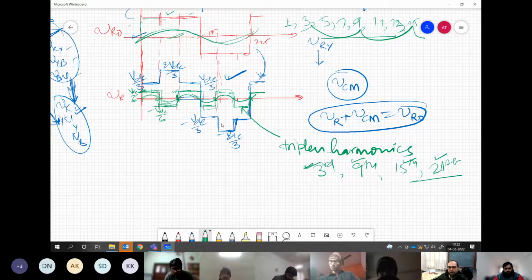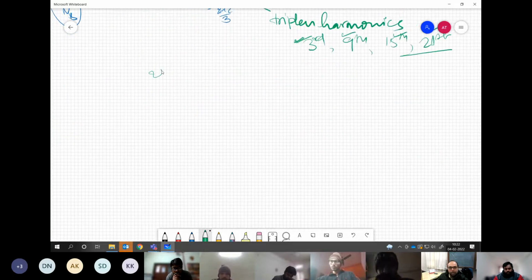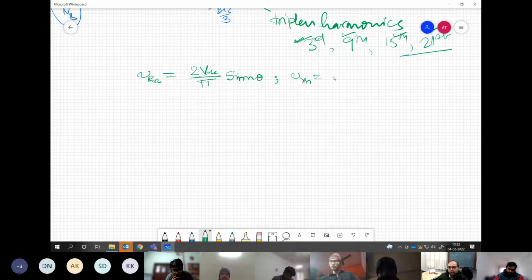For example, if I take just one harmonic, we have seen that the nth harmonic for the R phase, let us take the R phase only for simplicity, can be written as 2 VDC by pi times sine n theta. Similarly, for the Y phase, it can be written as 2 VDC by pi.